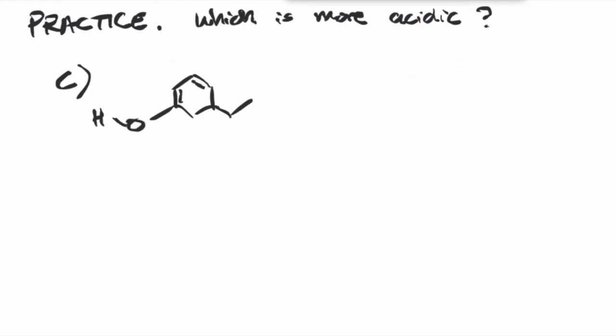Let's continue with another one here. All right, this time let's focus on this hydrogen and this hydrogen. Which one of these hydrogens would be more acidic? Give you a moment to think about this. So if that red hydrogen is deprotonated, this is your conjugate base.